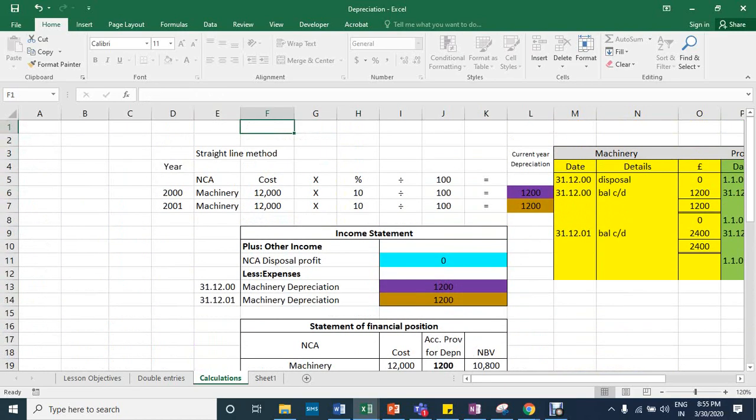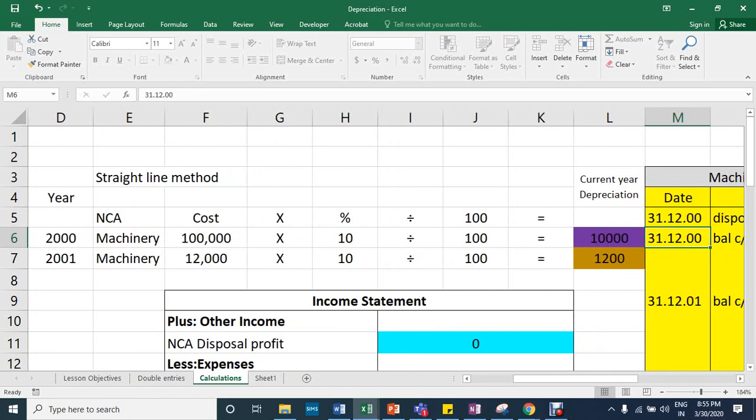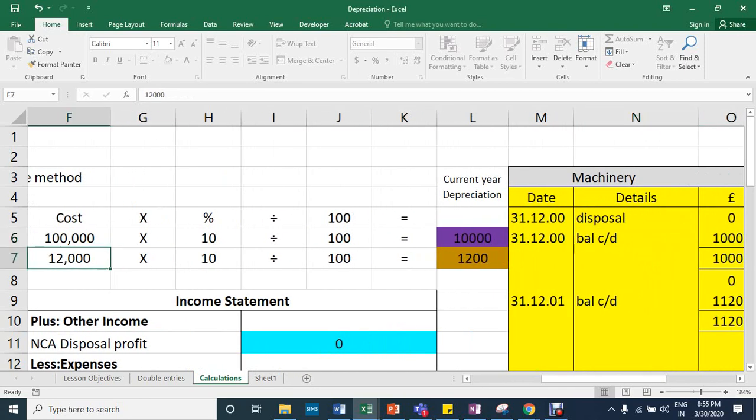Let's apply it to the example that we did right now, and we are doing it only for the year 2000. So the non-current asset is machinery and the cost of machinery 100,000. 10% is the depreciation percentage, whereas you get 10,000 as the current year depreciation. I'm going to remove it for the next year because we are not calculating it right now.